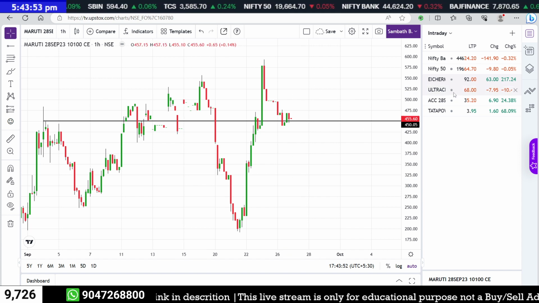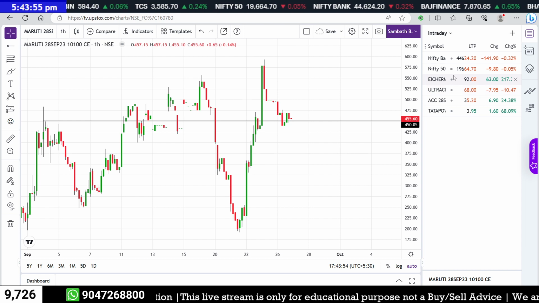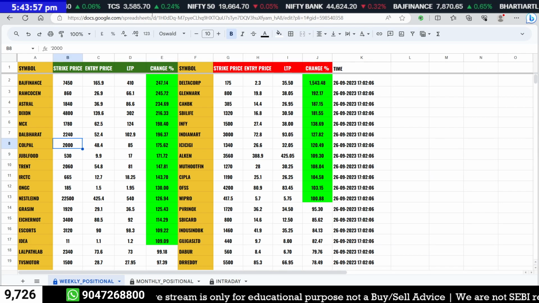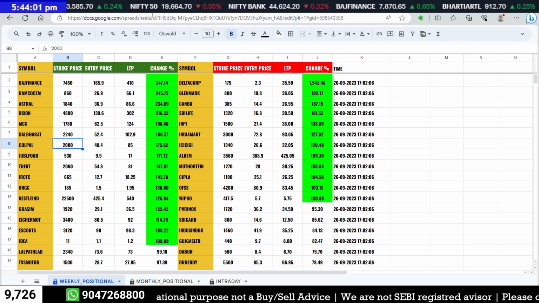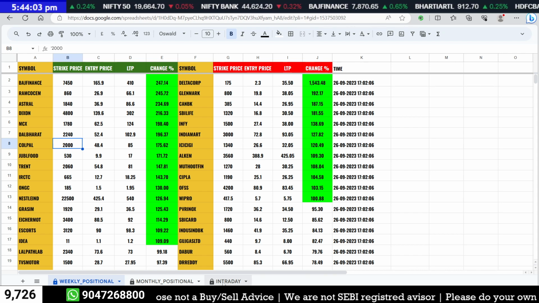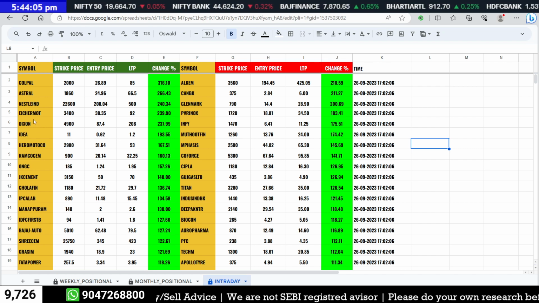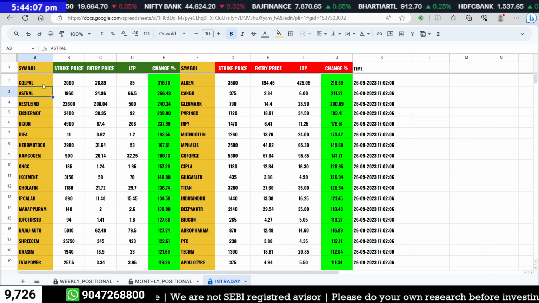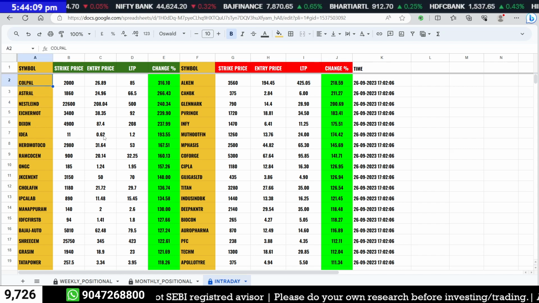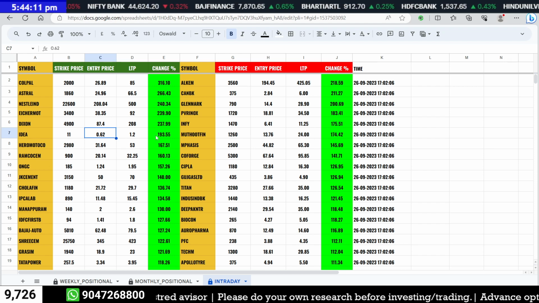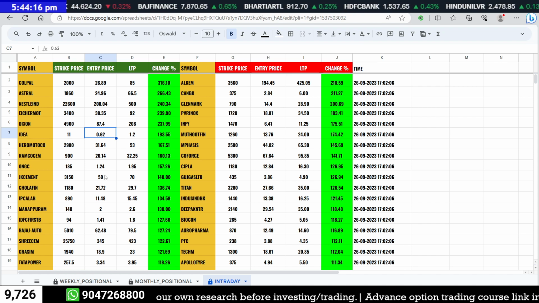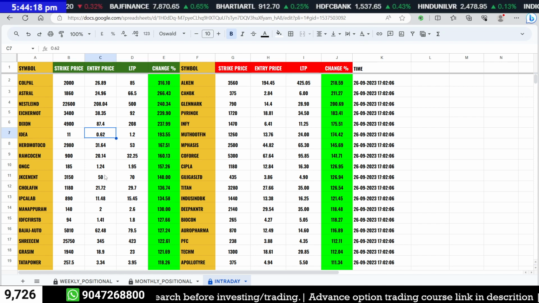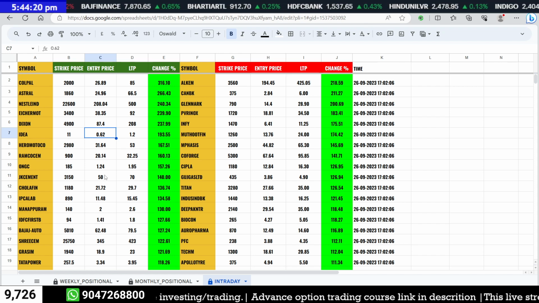Okay, so these are all the opportunities I found today in the morning session, and most probably for the next 2 days we are not going to focus, but the sheet will be updating. If you wish, and if you have a higher margin, you can plan a trade. A lot of stocks like Eicher Motors, Nestle, Astral, Coforge, and even Idea, almost double, but the last price is around 80,000, a huge quantity, and we are not focusing on stocks with such values.